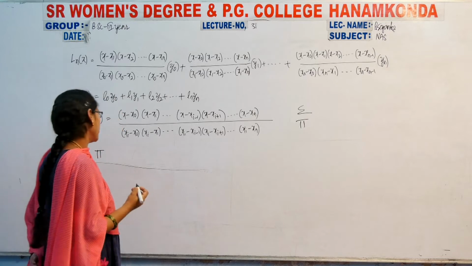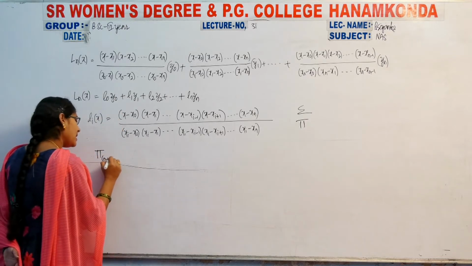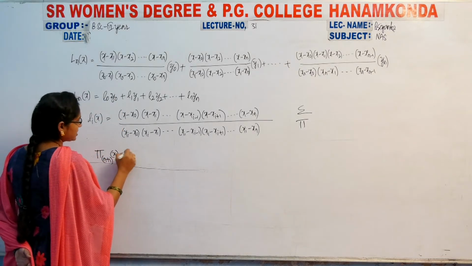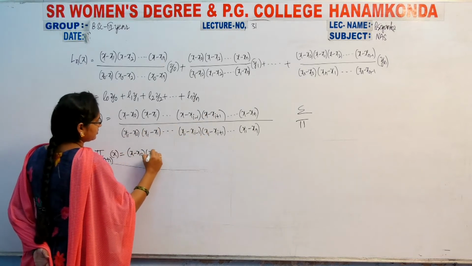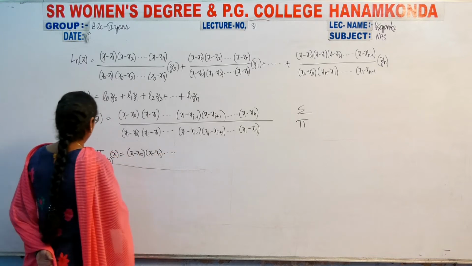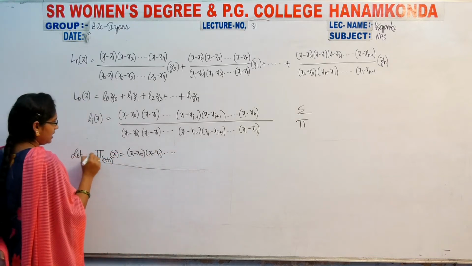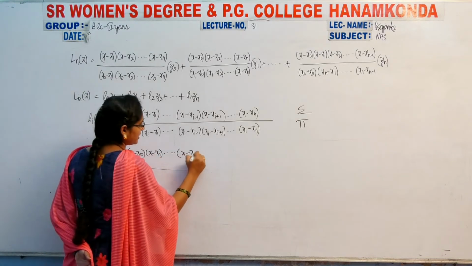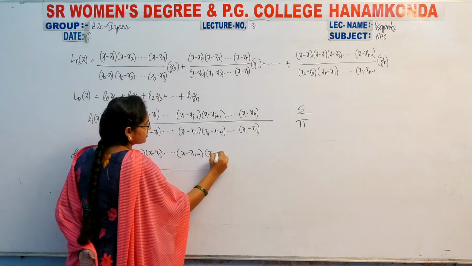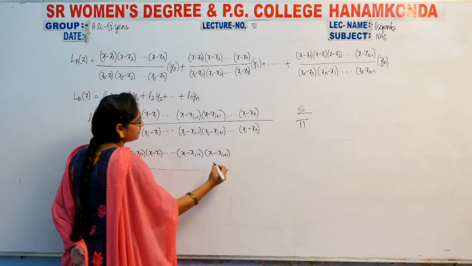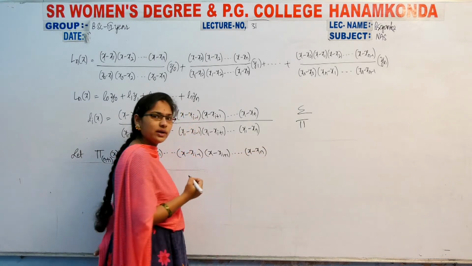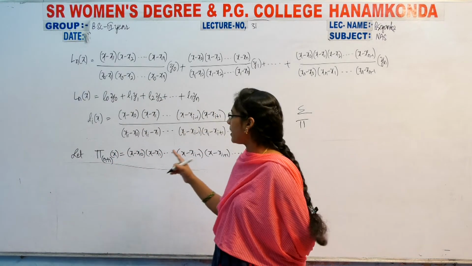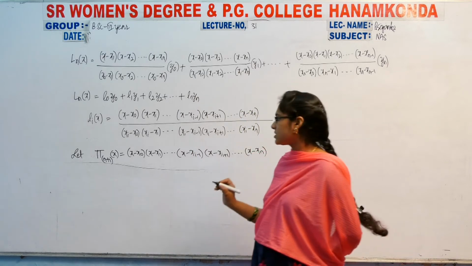Now I am going to write pi n plus 1 of x is equal to the entire value of the numerator: x minus x naught, x minus x1, and so on, up to x minus xn. So this is nothing but the value of pi n plus 1 of x.